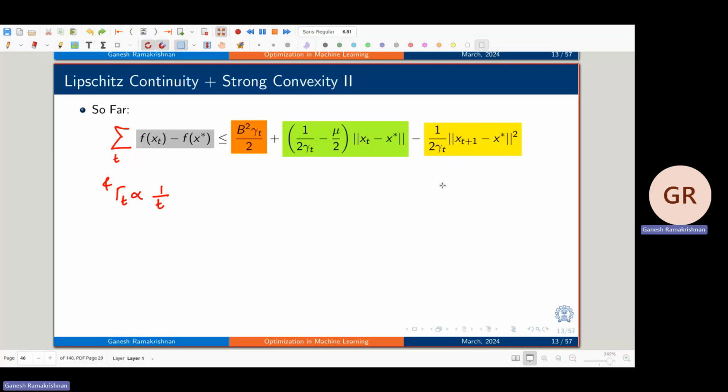So this is an interesting thing here. Gamma, you're saying, is 1 by mu t plus 1. There'll be a 2 also somewhere.